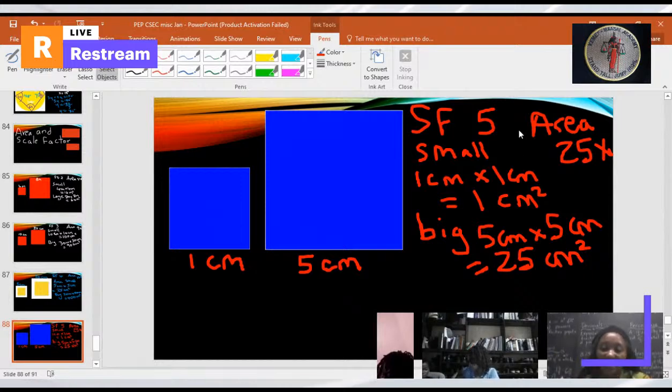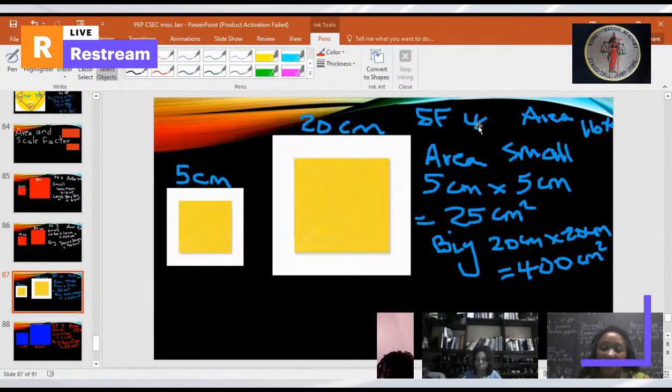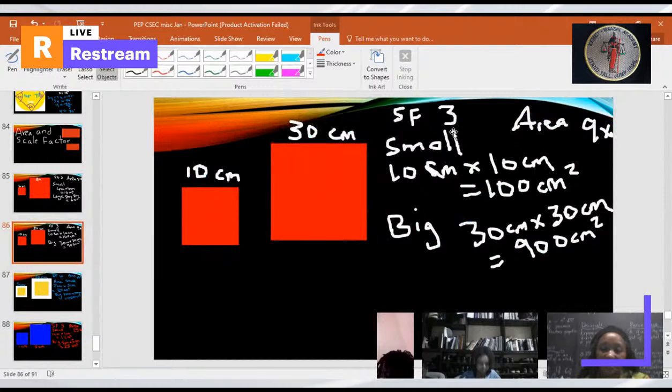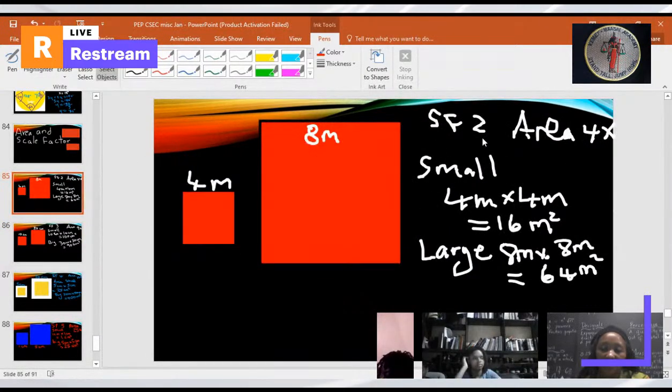So 25 is 5 squared, 16 is 4 squared, 9 is 3 squared, and 4 is 2 squared.